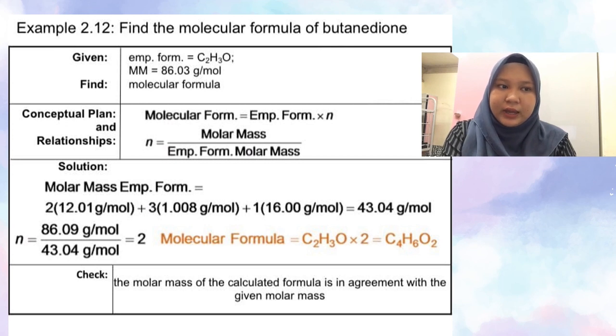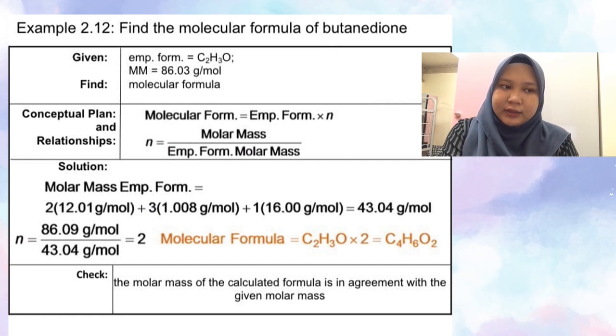Solution: the empirical formula mass is 2 times 12.01 grams per mole plus 3 times 1.008 grams per mole plus 1 times 16 grams per mole, which equals 43.04 grams per mole.